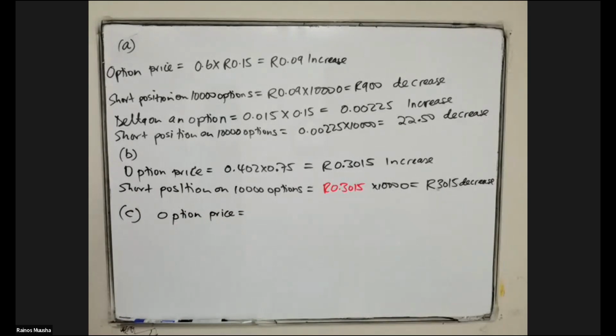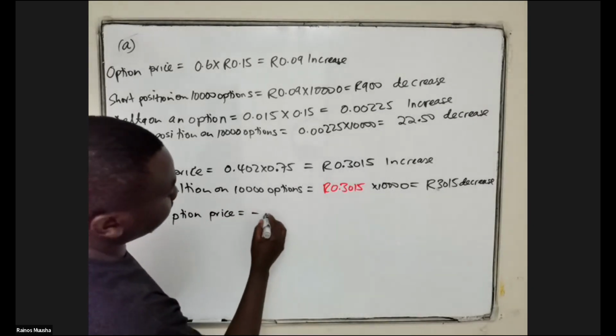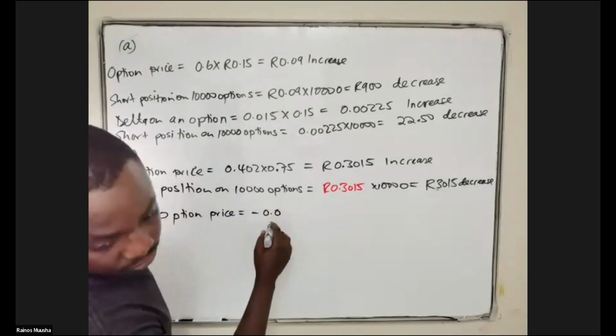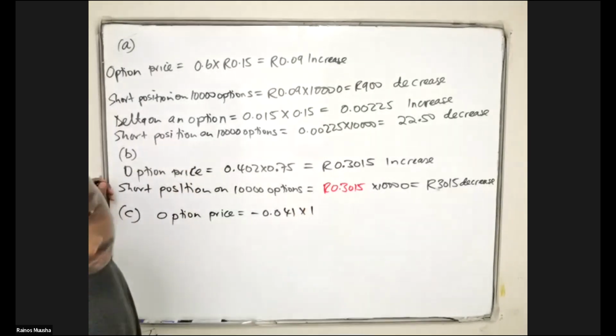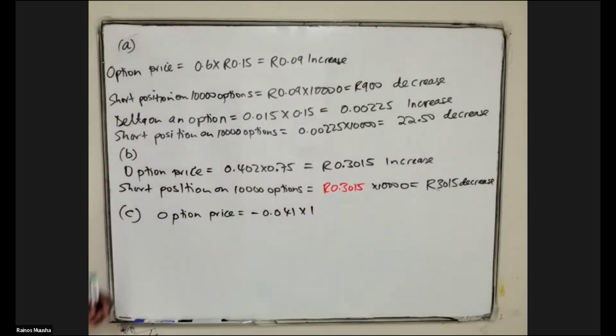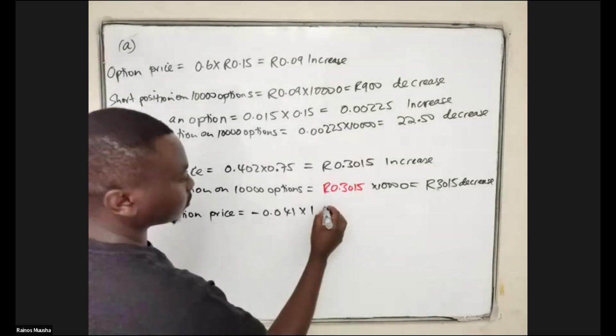So in this case, the theta is minus 0.041 multiplied by 1.